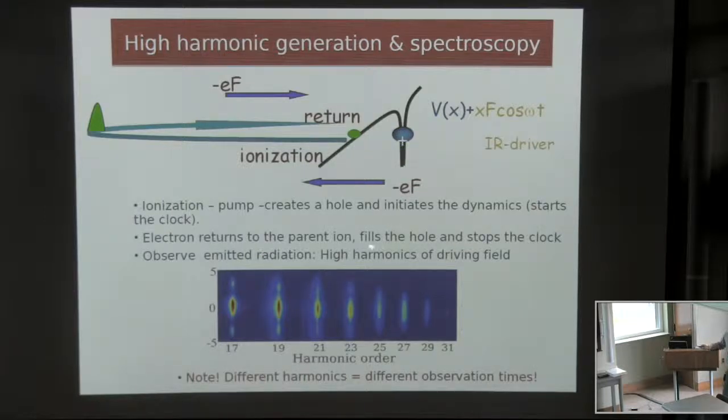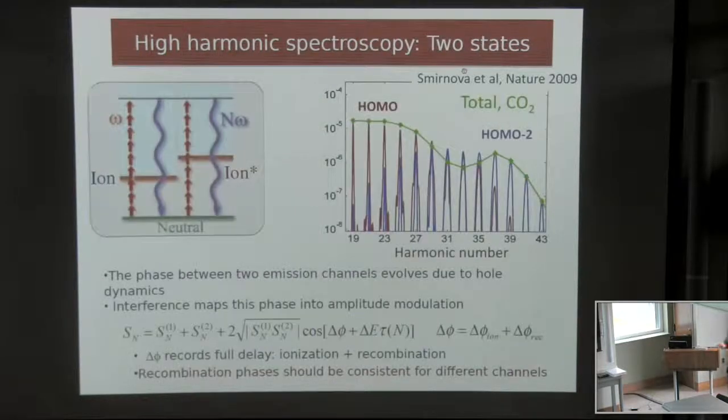And then when it recombines, because your initial and final state are the same state, the ground state of the neutral, you can have different interfering pathways which record these phases that evolve coherently during the whole harmonic process. And those phases actually get mapped onto amplitude modulations of the harmonic signal.